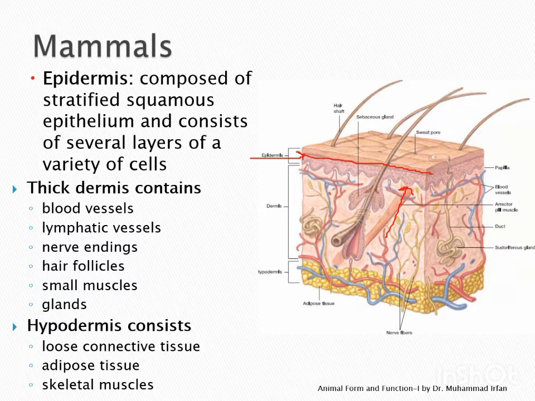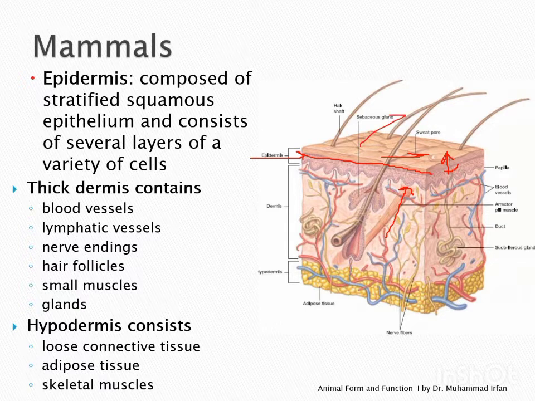Because the cells are in layers, the cells in the epidermis come from the deepest layer, and they mature and reach the superficial or outermost layer, where, when they get old, they die and slough off, they get removed from the skin, and new cells take their place.